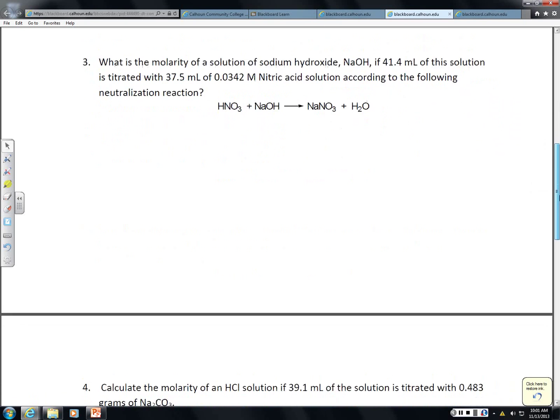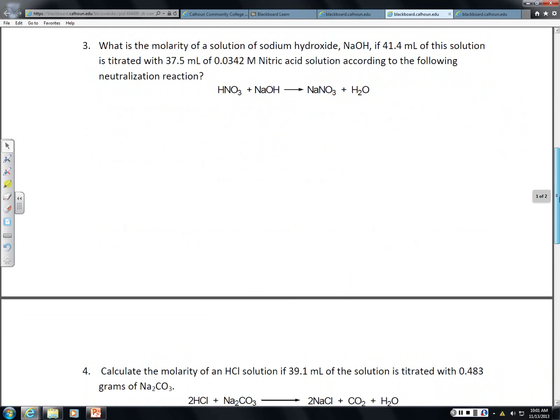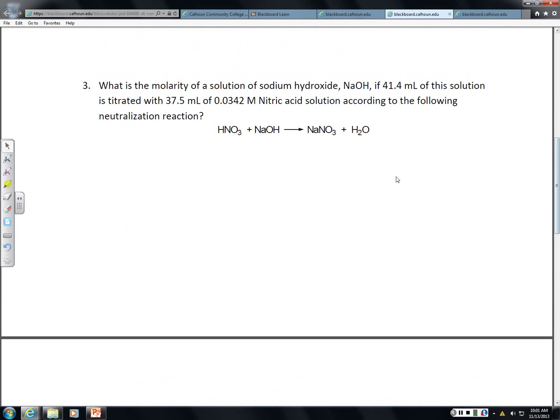I want you to work 3 and 4 if you don't already have these. Write down 3 real fast if you don't have it, because I'm about to have to pull this down for a second to get my iPad in sync with the computer.